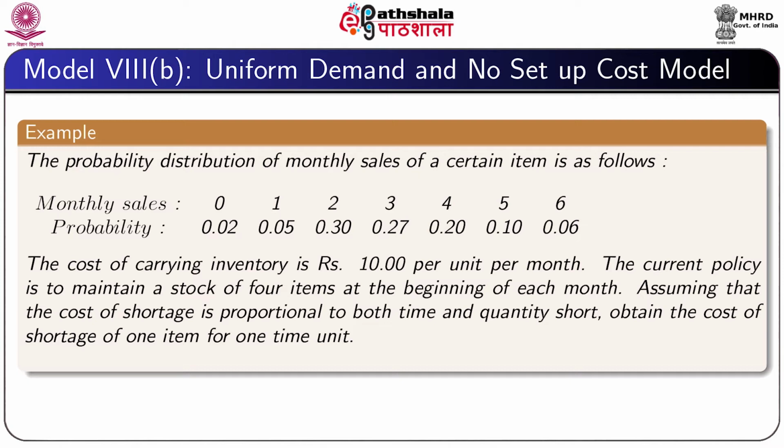The cost of carrying inventory is rupees 10 per unit per month. The current policy is to maintain a stock of 4 items at the beginning of each month. Assuming that the cost of shortage is proportional to both time and quantity sought, we have to obtain the cost of shortage of one item for one time unit.